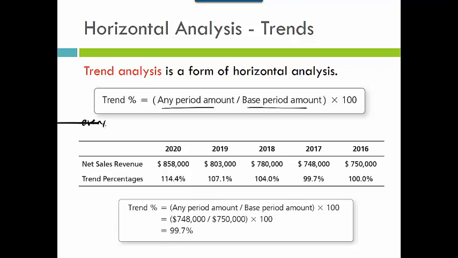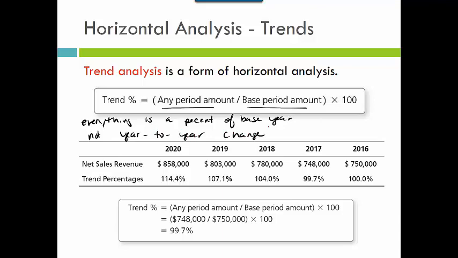So everything here is a percent of the base year. It is not a year-to-year change. I'll show you what I mean here in a second.